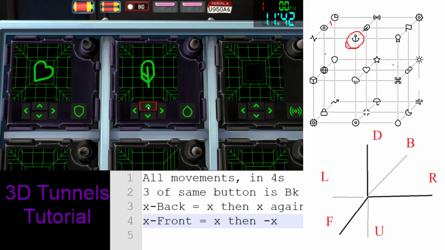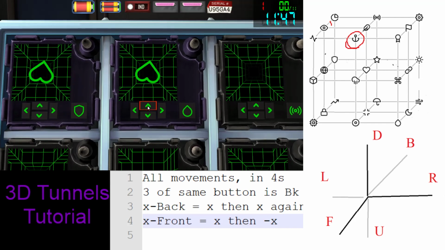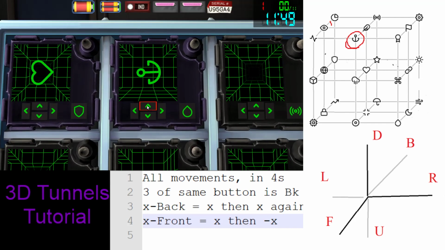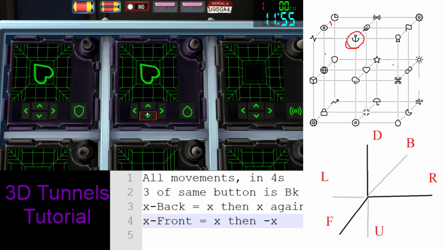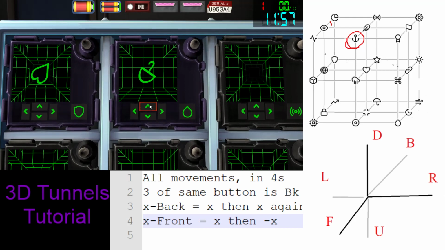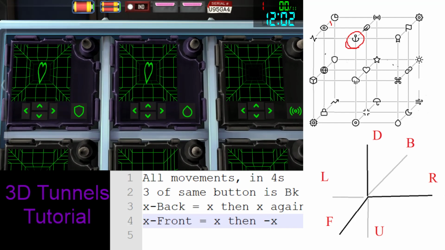So I go down, up. Then 1, 2, 3, 1, 2, 3. Again, always returning to my original position. So at this point I can go anywhere that's 2 squares away from the center.